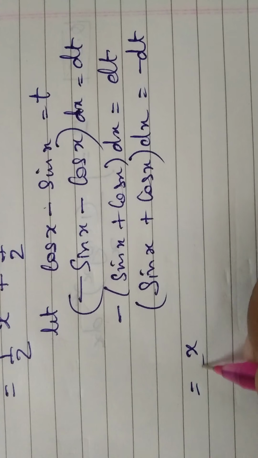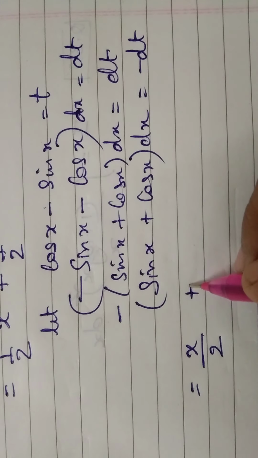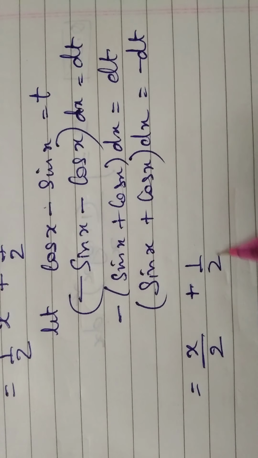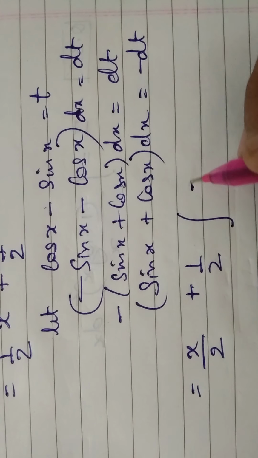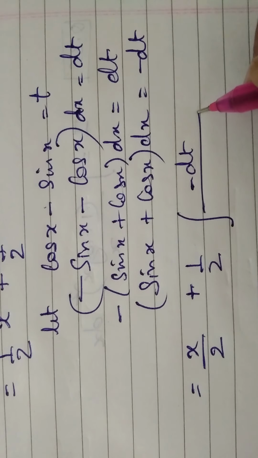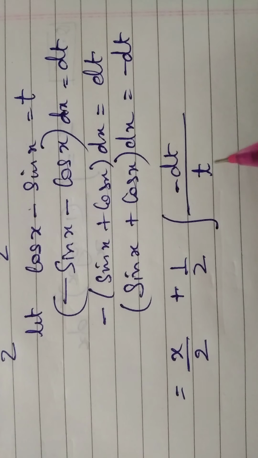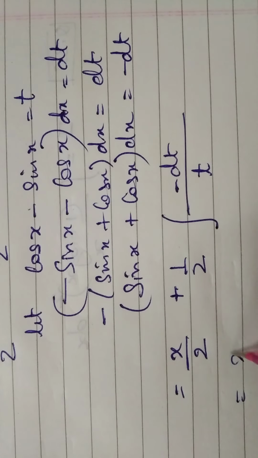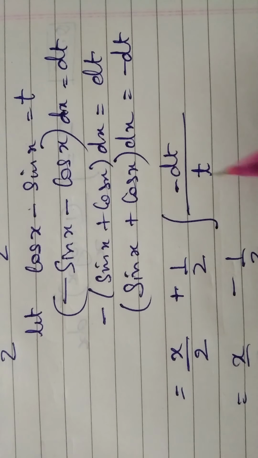Let me go back to my question. I had already x upon 2. My first term was simplified. Then for my second term I have plus half, then the integral, and my numerator is minus dt according to the substitution, and upon that is t, because the substitution I have taken as t. So that is equal to x upon 2. The minus sign comes out, so minus half.